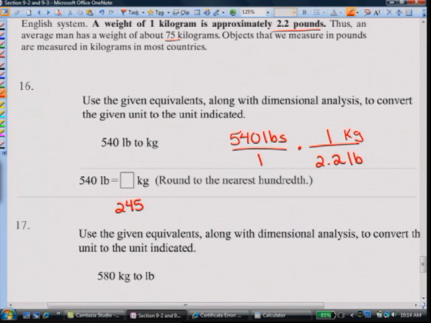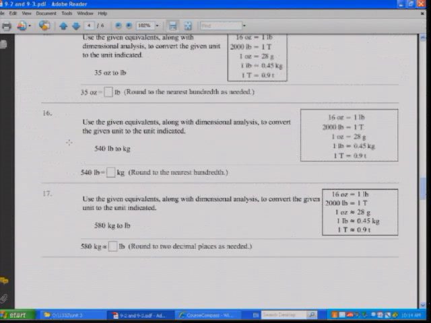The reason is, if you go to the actual homework problems, they give you this little chart right here, and they tell you that 1 pound is approximately 0.45 kilograms. So they went the other way.